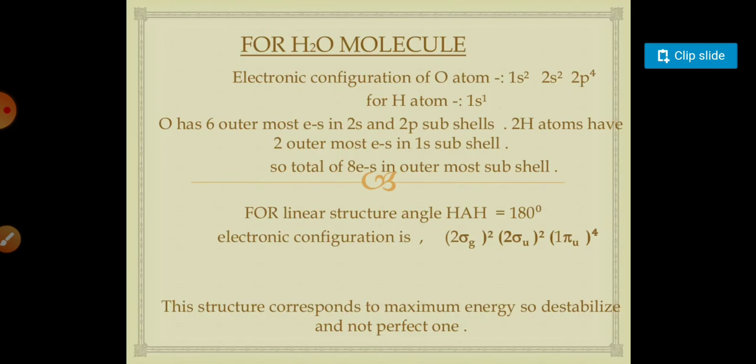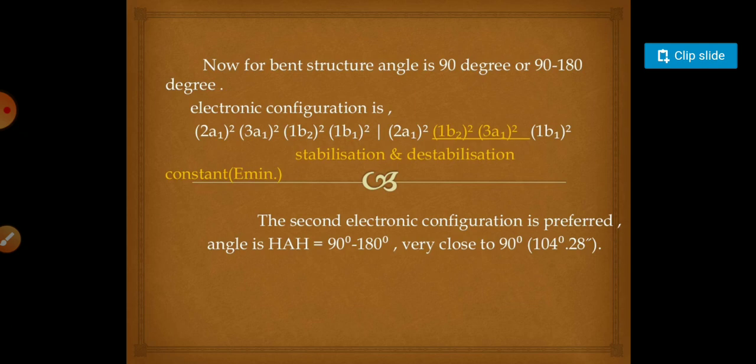So for the H2O molecule, the electronic configuration of oxygen is 1s2 2s2 2p4, and the outer subshell has 8 electrons. So for the linear structure the angle is 180 degree, and the configuration is 2 sigma g square, 2 sigma u square and 1 pi u 4. This structure corresponds to maximum energy, so it is destabilized and not the perfect one.